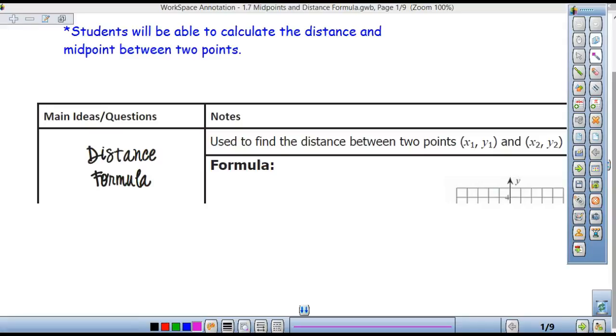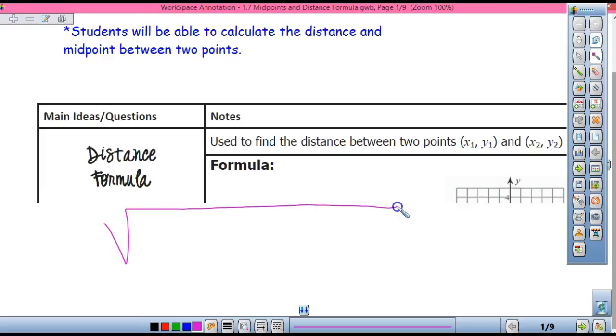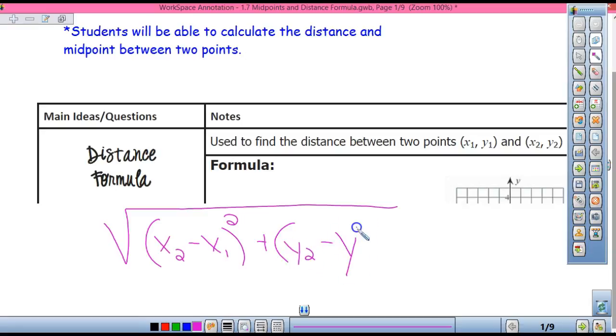Vocab at the beginning, okay, you have to write down the distance formula. And so a little refresher, the distance formula is the square root of x2 minus x1 squared plus y2 minus y1 squared.